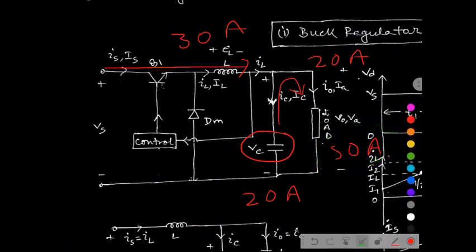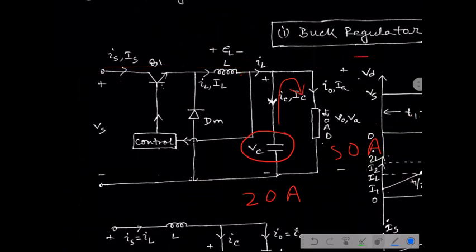Now go to the next condition, where the inductor current has reached its maximum, suppose 70 ampere.